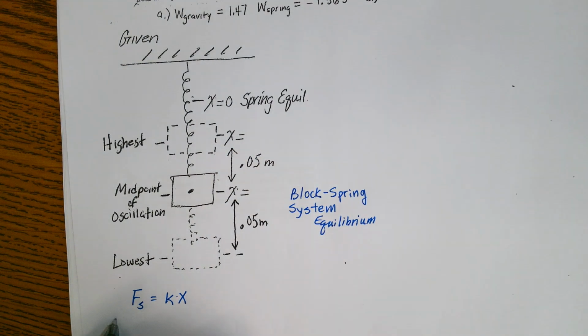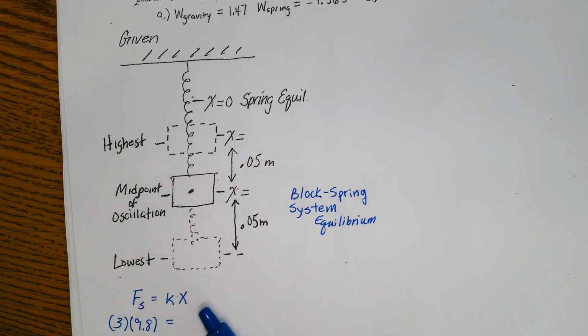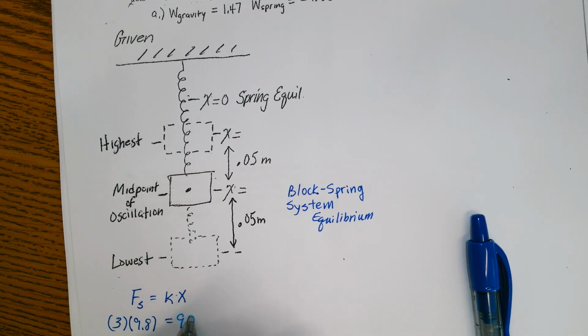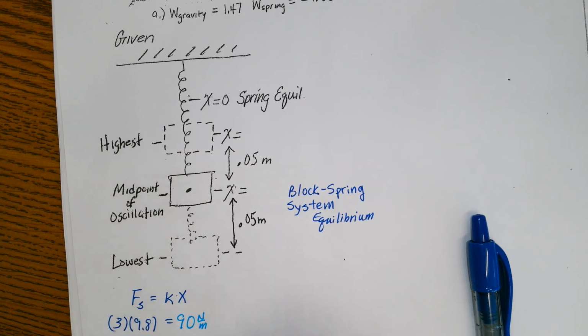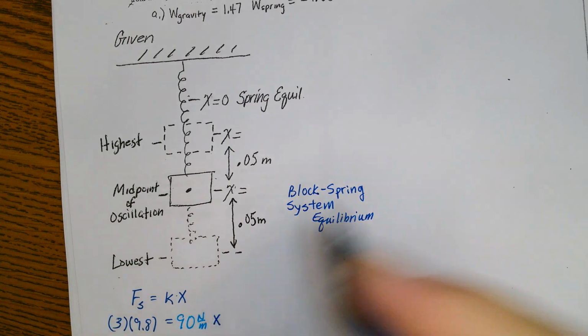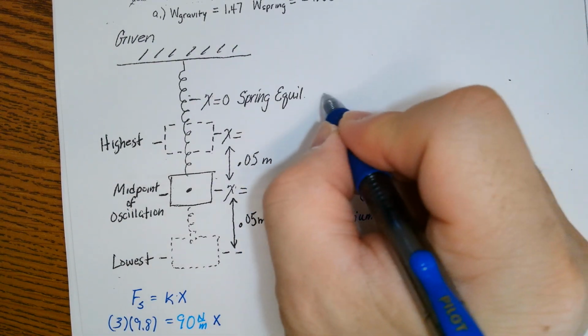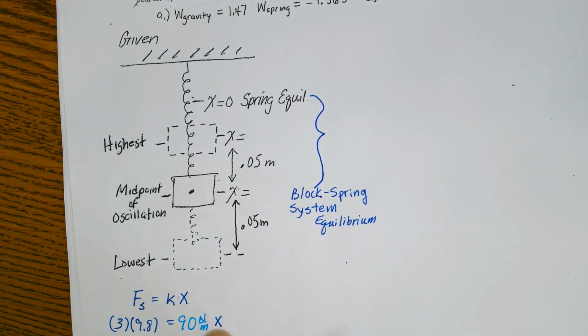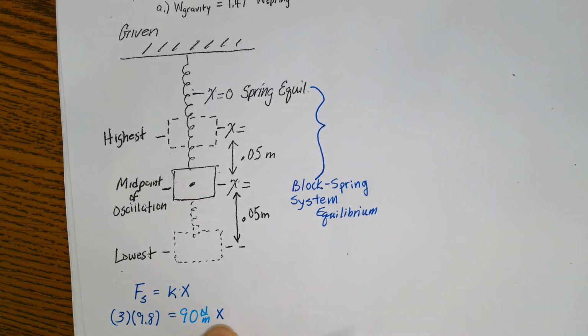So here I say 3 kilograms times 9.8 is equal to, the K value is 90 newtons per meter, so we can use that. 90 newtons per meter times X. Now this X here is how much this thing is going to stretch from here to here, which is what I'm looking for. Okay?